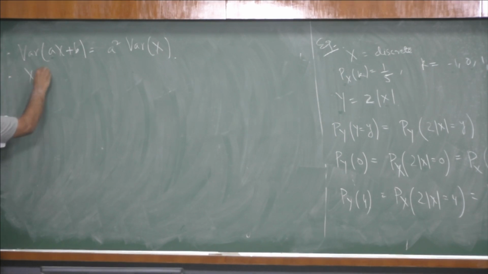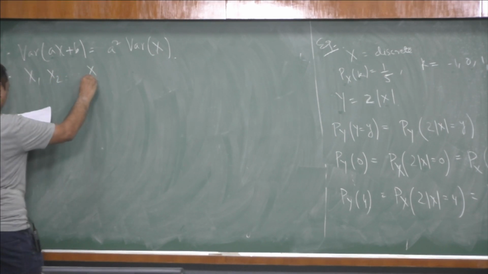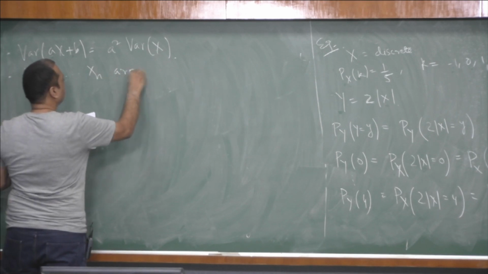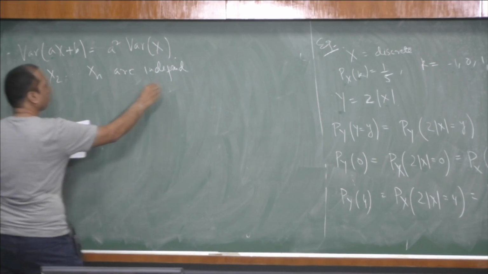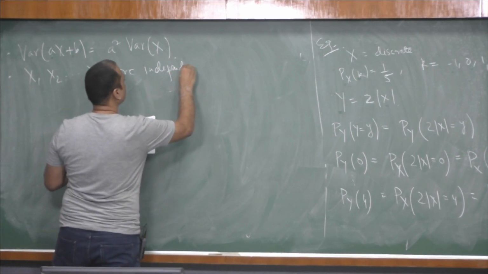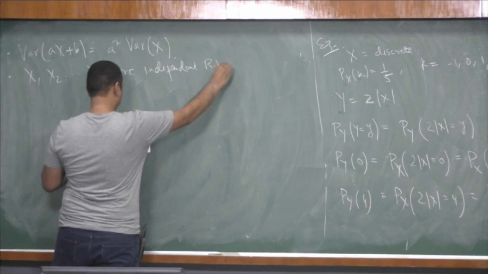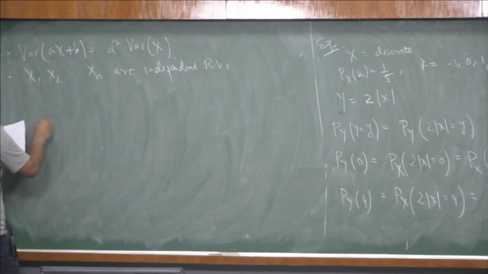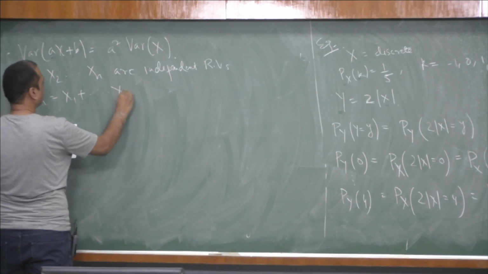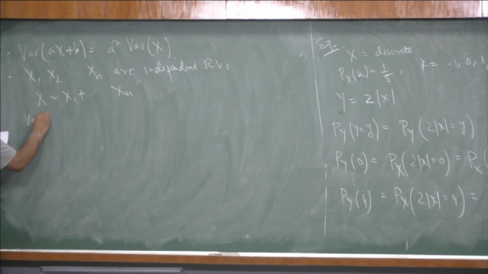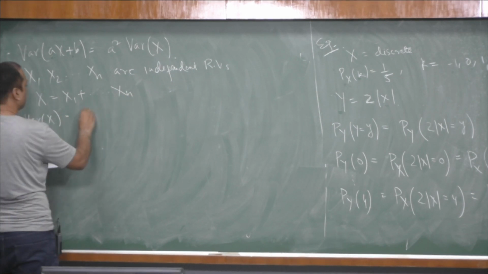And if X1, X2, ..., Xn are independent random variables, and X is given to be X1 plus ... plus Xn, then the variance of X will be the sum of the variances.